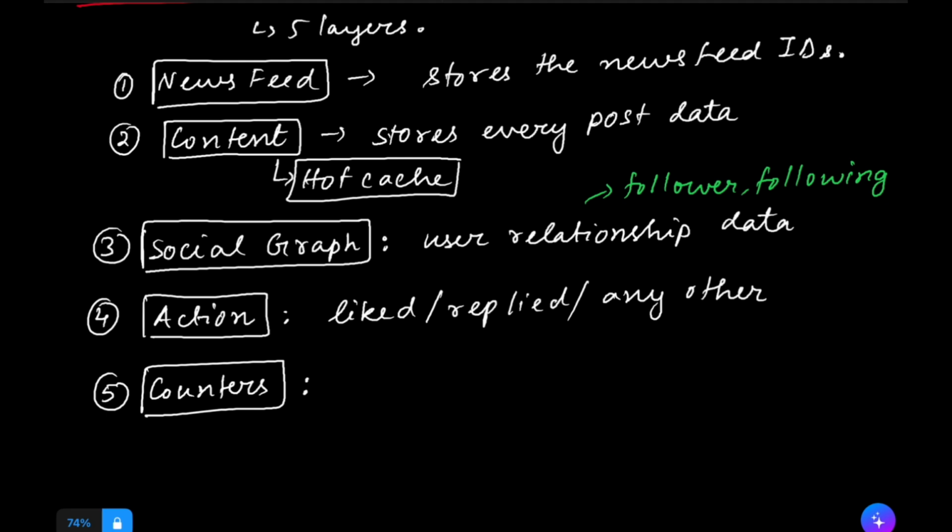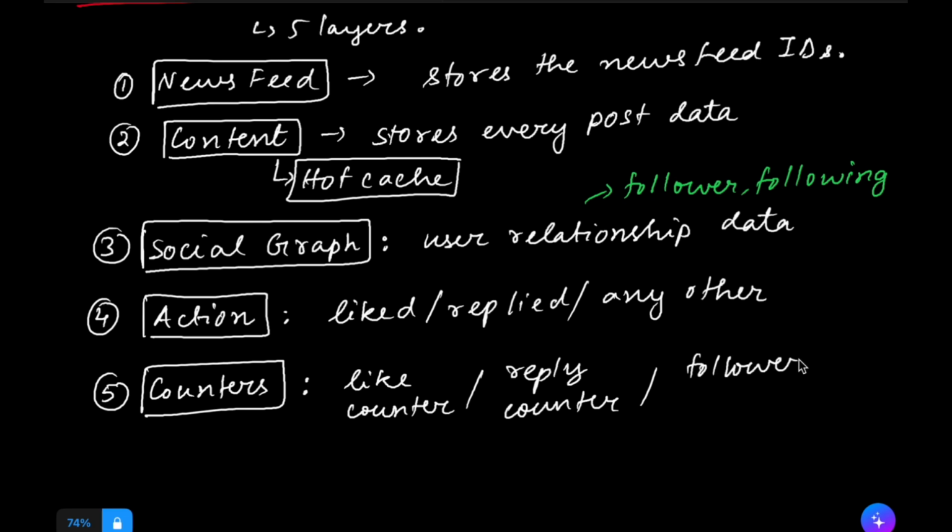So these are numerical values, like the like counter, the reply counter, and the followers or following counters, etc. This is very important. Cache is extremely important for a newsfeed system for fast retrieval and to feed the newsfeed of a particular user very fast.